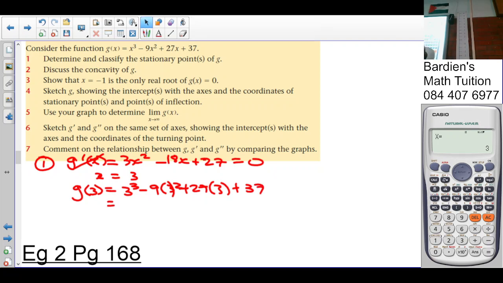That gives us 64. Okay? So the coordinate of the turning point is going to be 3 and 64.